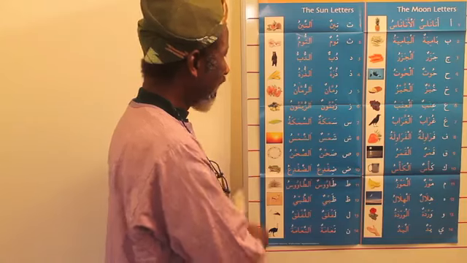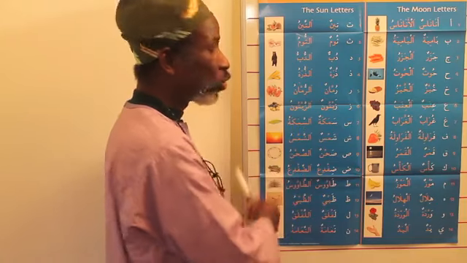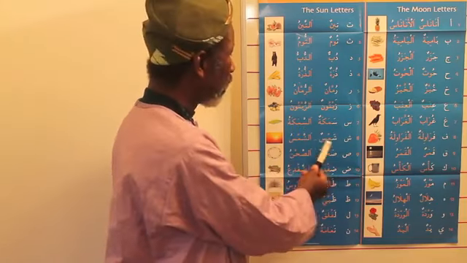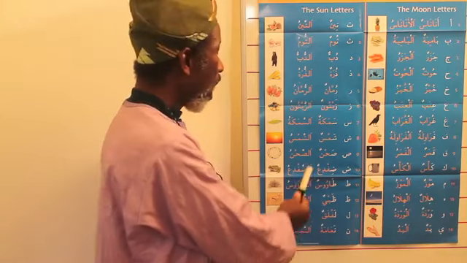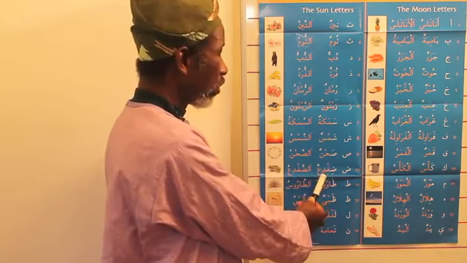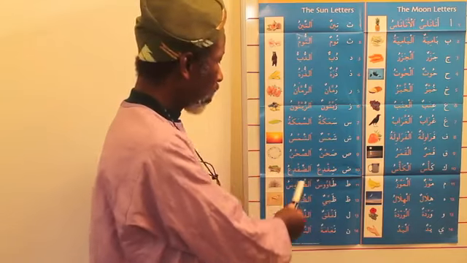Samakatun, as-samakatu. Shamsun, ash-shamsu. Sahnun, as-sahnu. Difdi'un, ad-difdi'u.